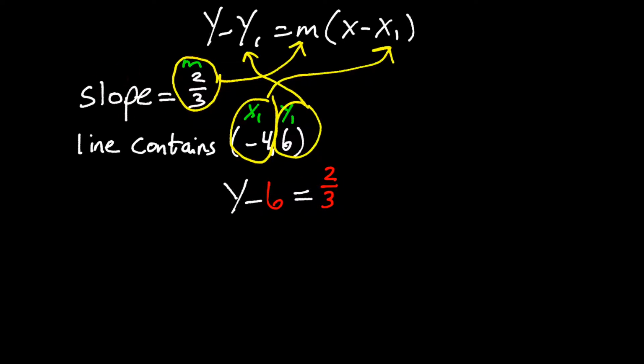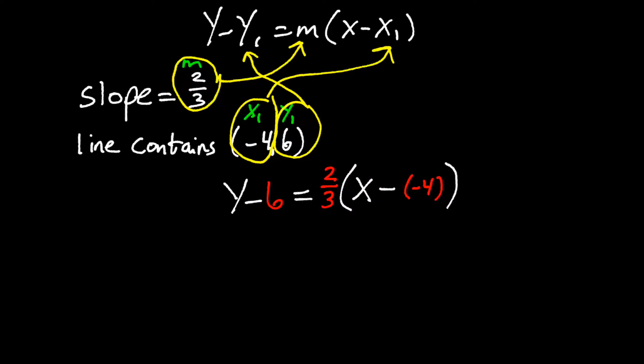We see it right over here. And then we are multiplying that times x minus, and now we are subtracting a -4. And that is what this equation would look like.